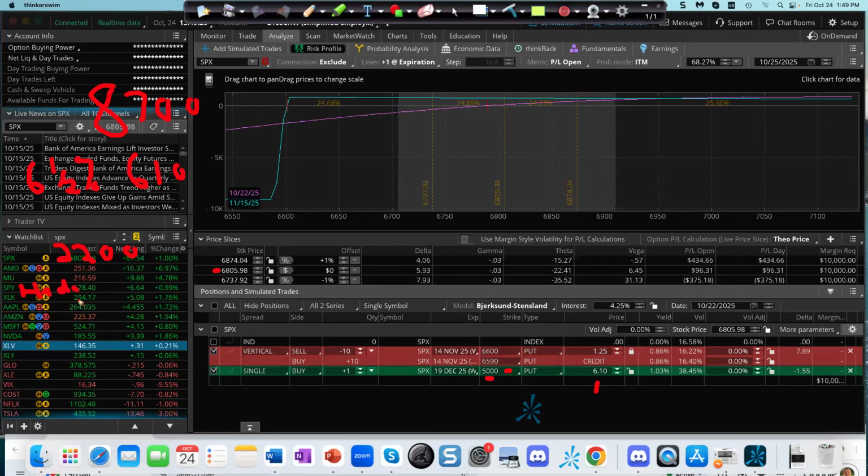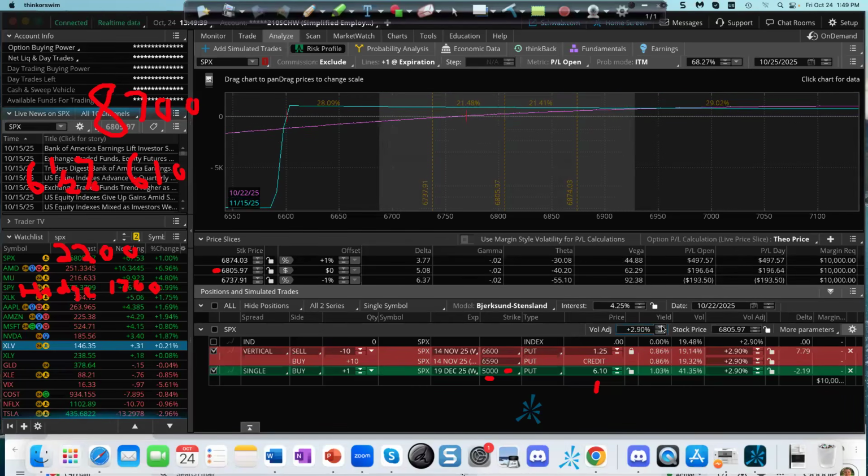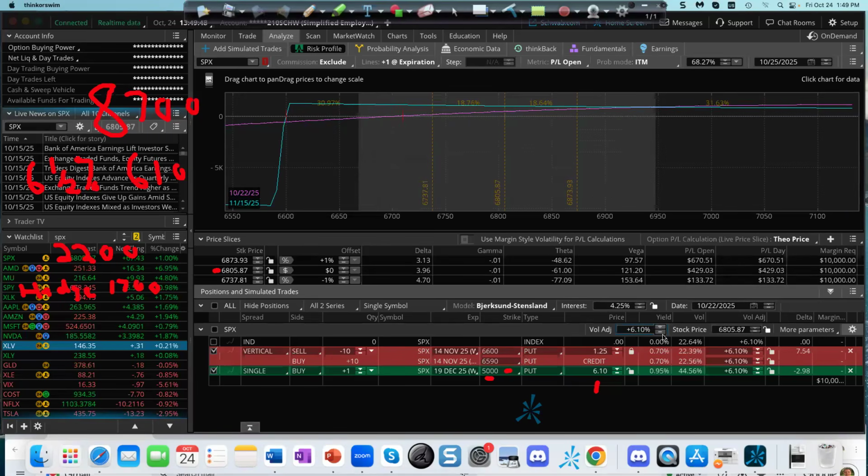But we just said, with the hedge, and raise the volatility 6 points, middle of next week, and then we look at this at 6,600, does everybody see this? In the purple there, I'd be down $543. So without a hedge, I'd be down 2,200.